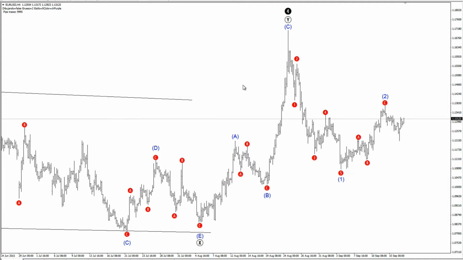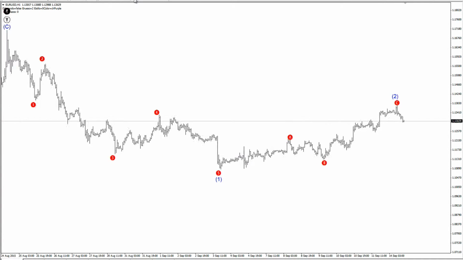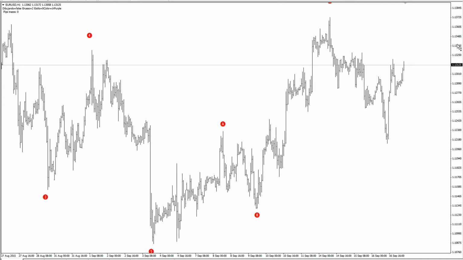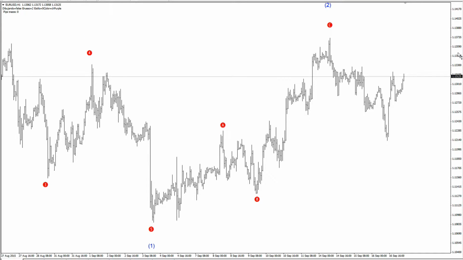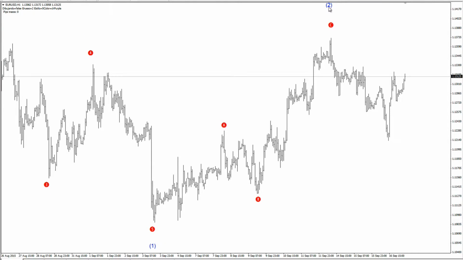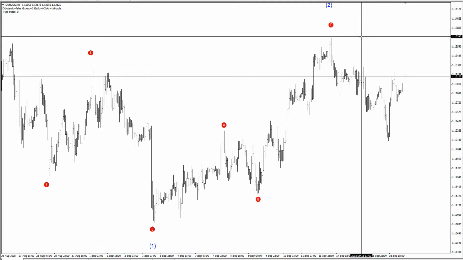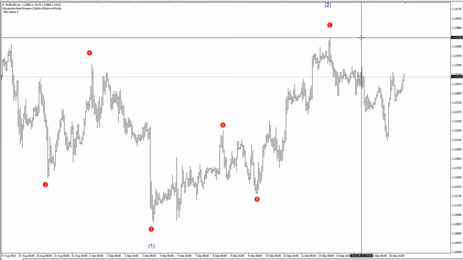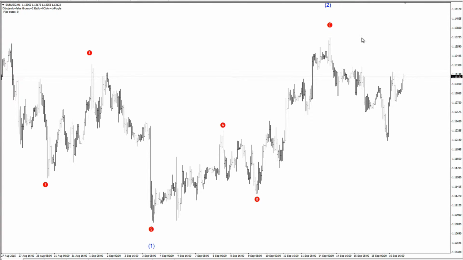The one thing I'm slightly worried about is that if we take a look at this 1 hour chart, the decline from the high at 113.73 is in 5 waves, but it's overlapping. So this is my main concern.